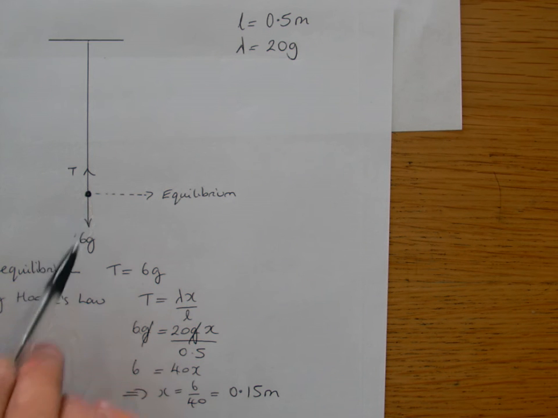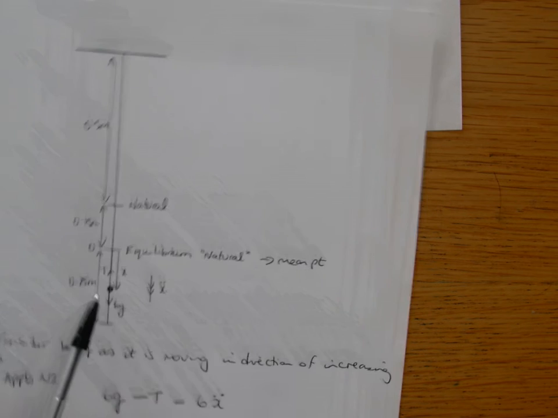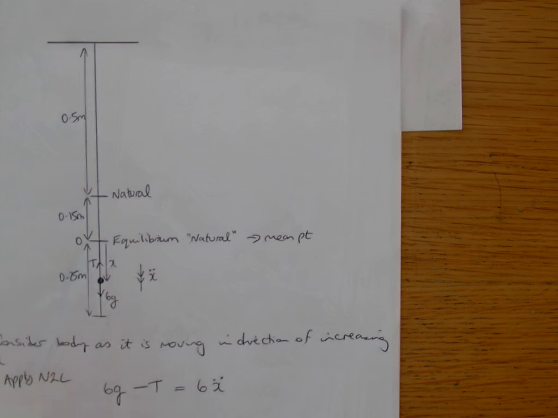But when it's moving, that spring is going to be stretched even more, so the tension is going to increase. As that spring gets stretched, the tension is going to get bigger and bigger, and it's going to be a lot more than 6g, because it wants to put it back into that equilibrium position.